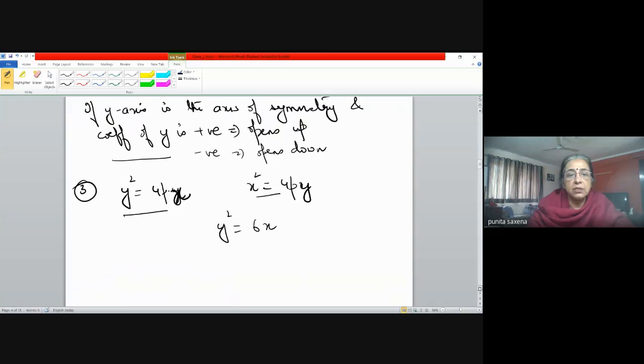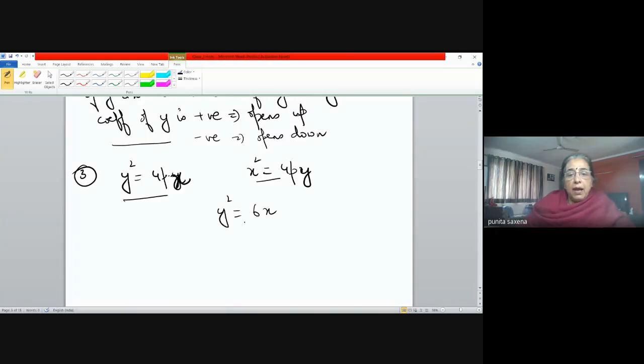So we compare our equation with the general equation of this form, y square equal to 4px. Of course, it's y square, so the x-axis is the axis of symmetry, and since the coefficient of x is positive, my parabola is going to open to the right. That is obvious from here.